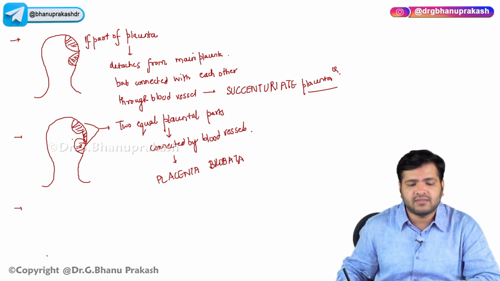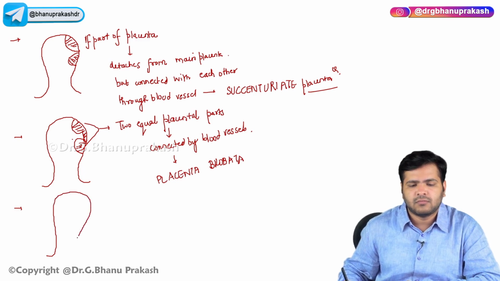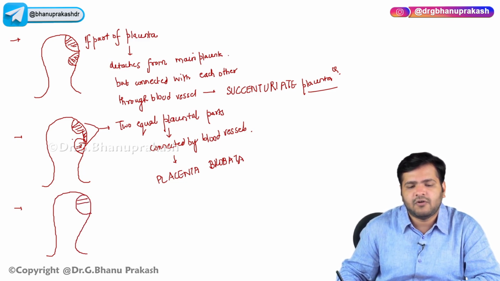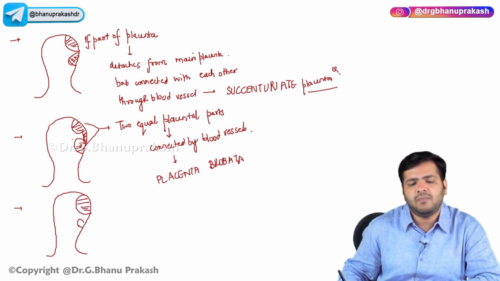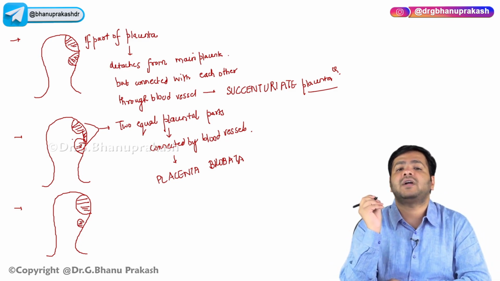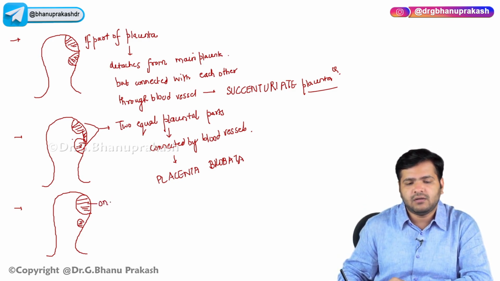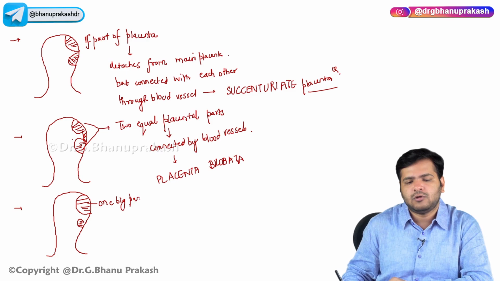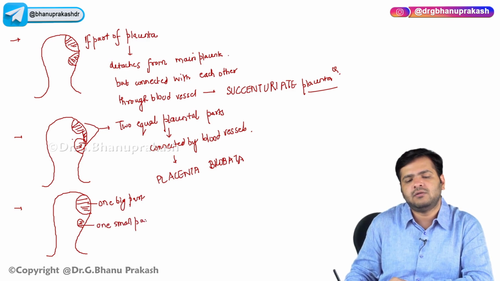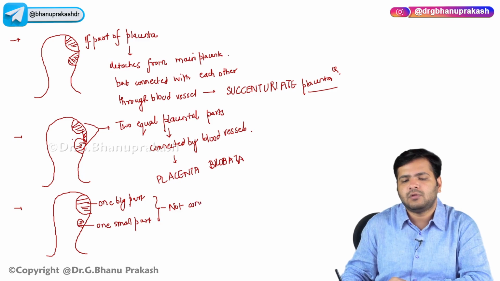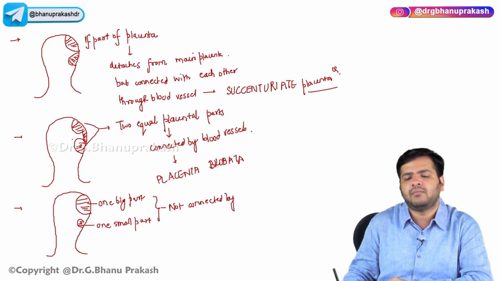Suppose this is the uterine segment, and there is one big part of placenta and another small part of placenta, and they are not connected with each other by blood vessels.